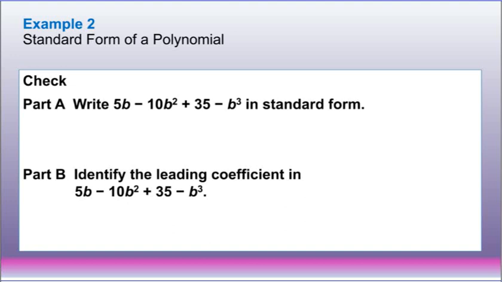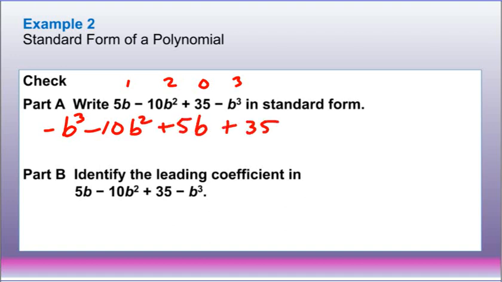Other examples, write this in standard form. So this has degree of 1, 2, 0, 3. 3 is bigger, so I put negative b cubed. Then I have minus 10b squared, then a positive 5b, then a positive 35. And the leading coefficient of this one is a negative 1.